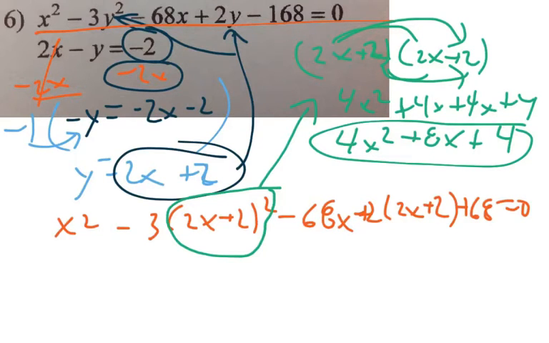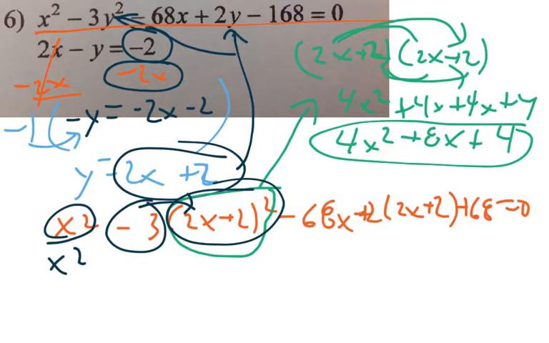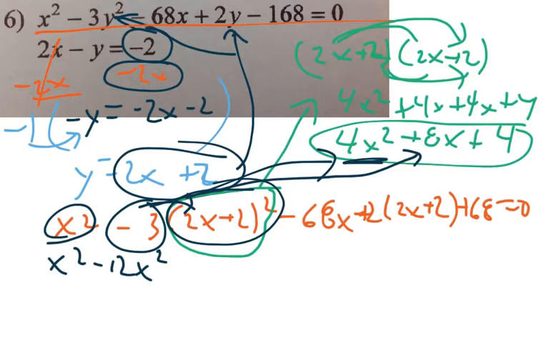So now what? Well, we have x squared here. Now the minus 3, guys, I have to times this (2x plus 2) squared with, which we have over here. So negative 3 times that 4x squared is negative 12x squared. The negative 3 times 8x is negative 24x. The negative 3 times the 4 is negative 12.